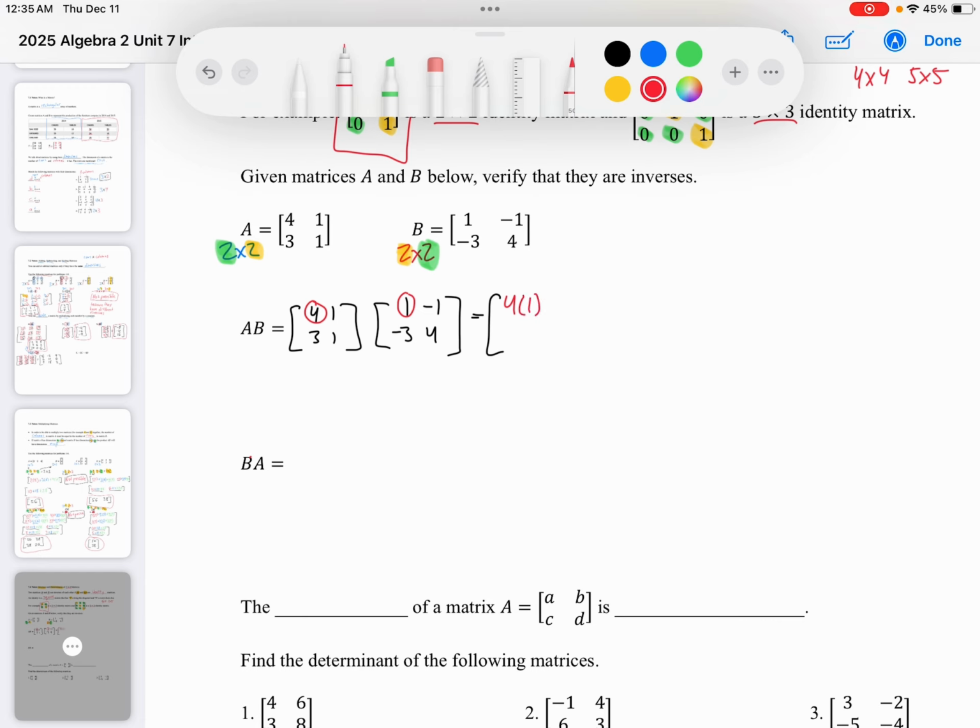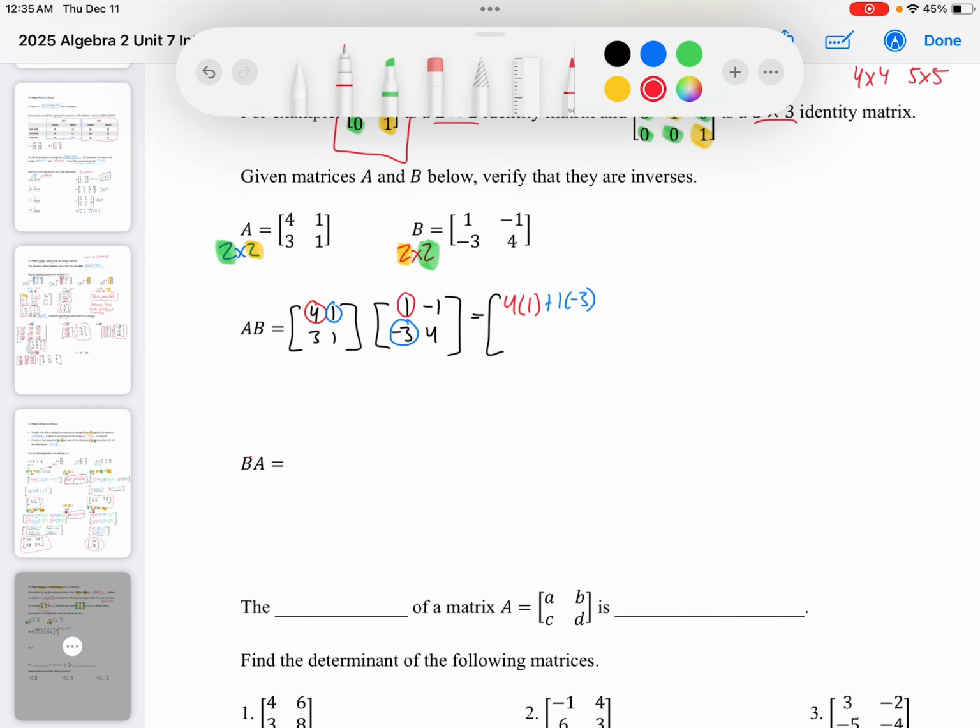Then I would do the 1 from matrix A times this negative 3 from matrix B. So plus 1 times negative 3. That gives me the first entry for this matrix.